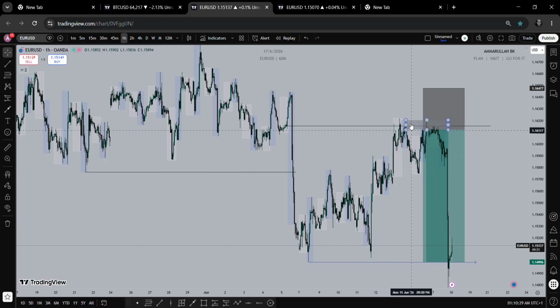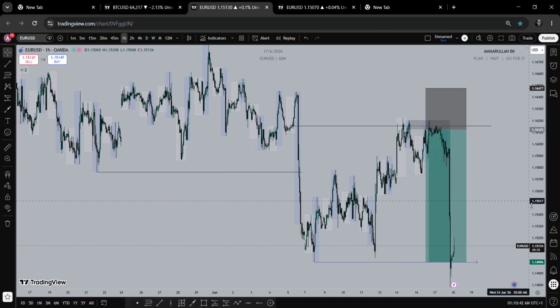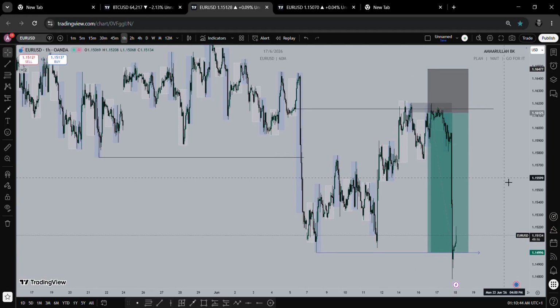Then I found my entry level, my point of interest, which is this other block. As the market returned to it, I executed fearlessly. I will show you the screenshot of my trade. Then it sold down, stretched to these lows, which are the sell side liquidities. That was how I did it.